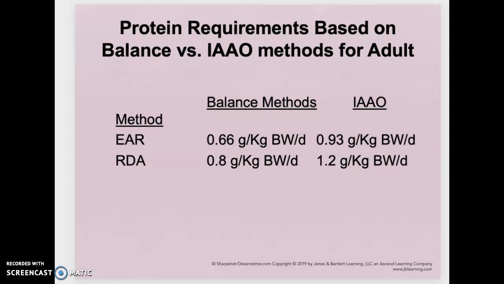Okay, so the RDA for protein is currently set at 0.8 grams per kilogram. So in a typical normal healthy person, this is what we would estimate their protein needs to be.